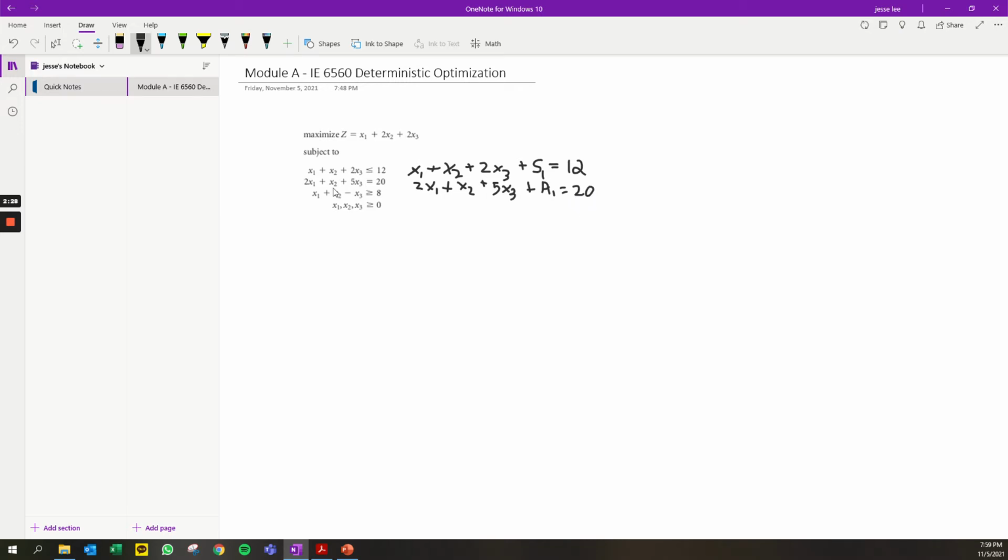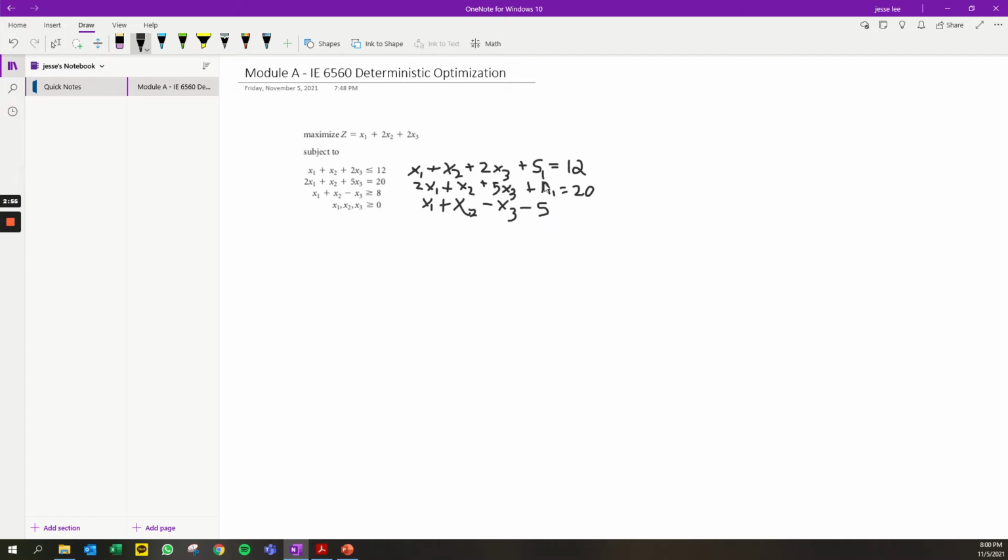And then our third constraint, x1 plus x2 minus x3, and then you have a greater than or equal to 8. So every time you have a greater or equal to, what you do is you subtract an s.